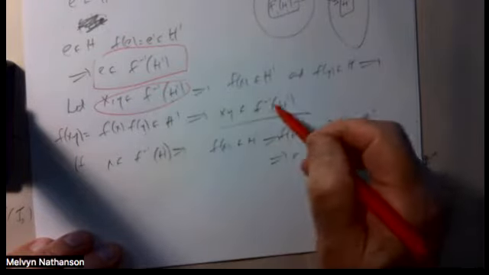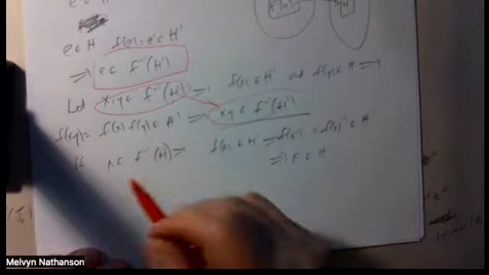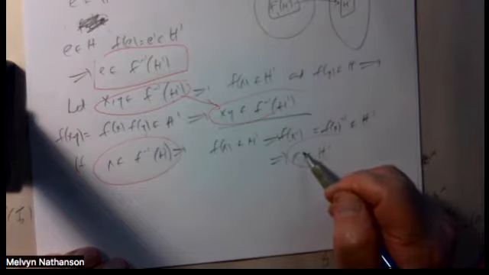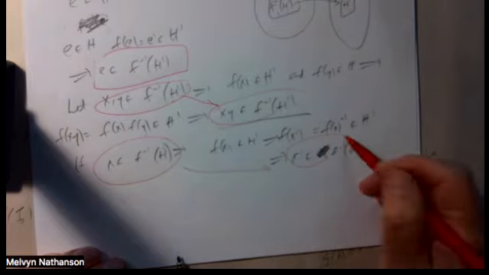Second, if you take two elements in the inverse image, the product is in the inverse image. And if you take any element in the inverse image, its inverse is in the inverse image. So those are the three conditions a subset of a group has to satisfy to be a subgroup, and it's done. So that's the proof.